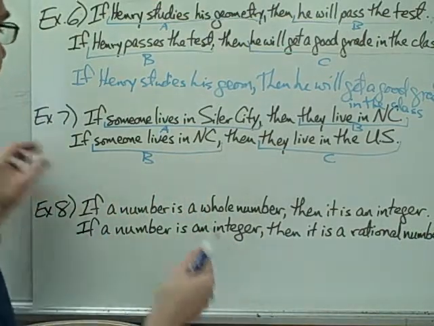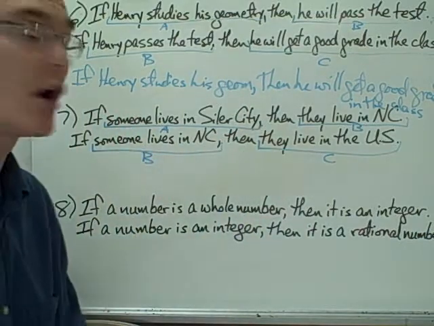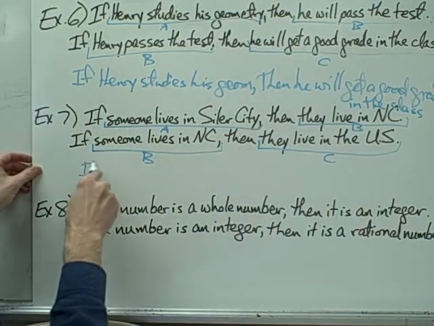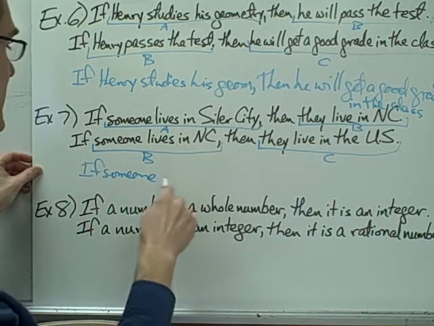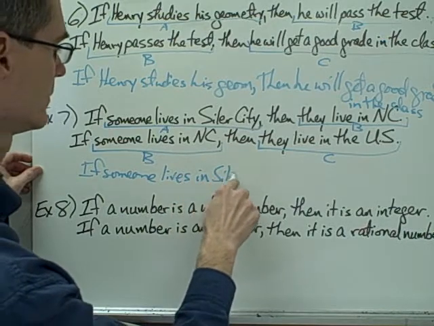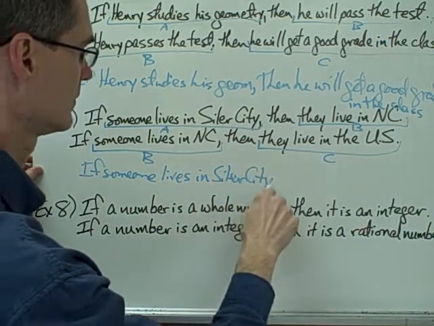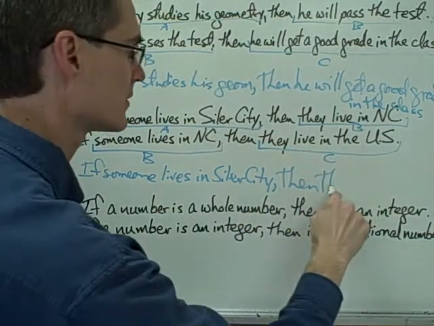So I can take these two statements, squash them together using the law of syllogism, and say if someone lives in Siler City, then they live in the United States.